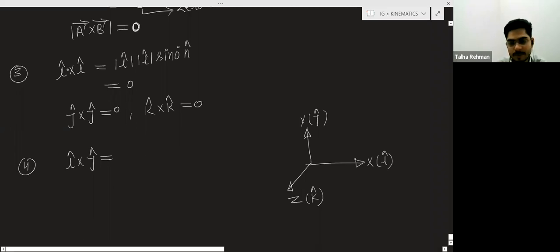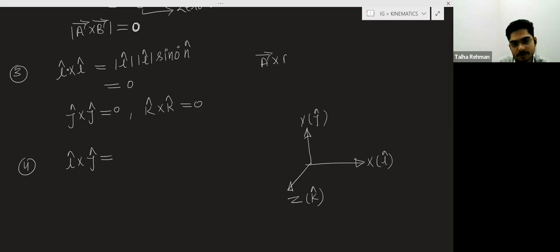Just remember this formula: a cross b is equal to AB sine theta into n cap, and n cap represents the direction of a cross b, a unit vector perpendicular to both a vector and b vector.